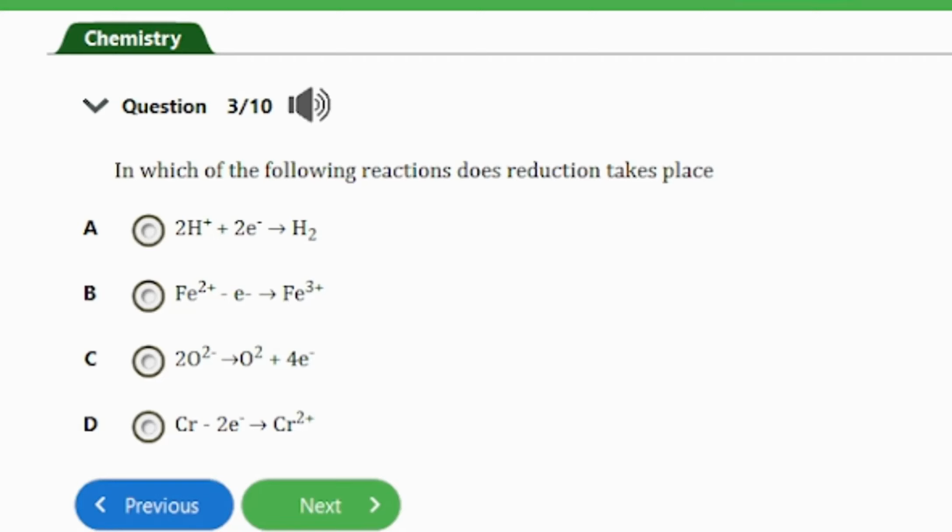And then guys, the only option in this equation where there is a correct illustration of electron gain is option A here, where you have the H ions gaining 2 electrons to become the hydrogen molecule. So that's it for that question.